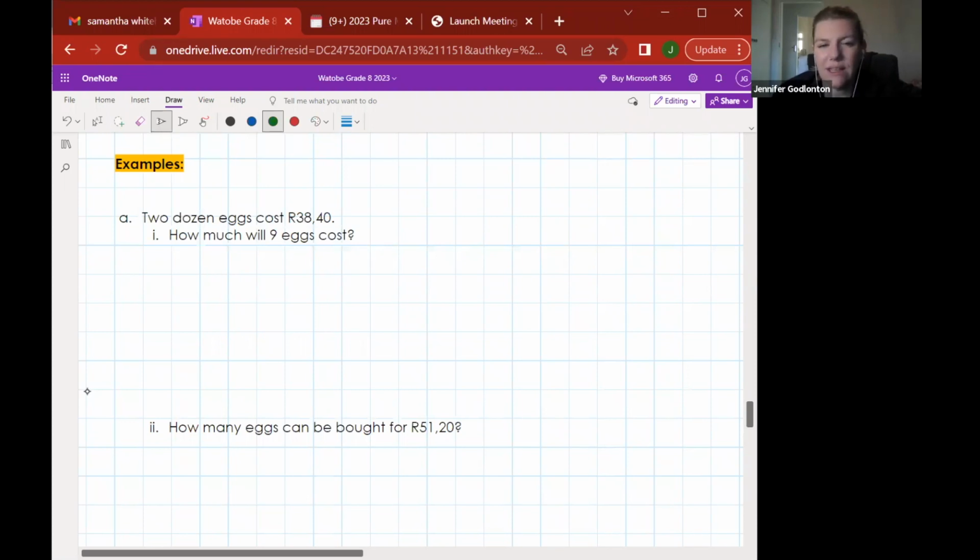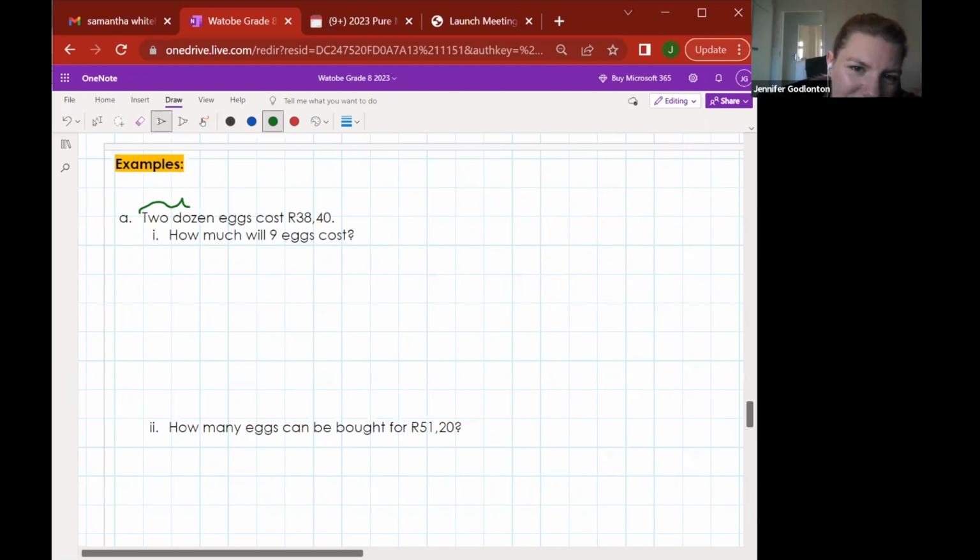So the first thing is it says 2 dozen eggs cost 38 Rand and 40 cents. How many is 2 dozen? Or how many is a dozen eggs? So then think about how many 2 dozen eggs would be. 24, absolutely, good.